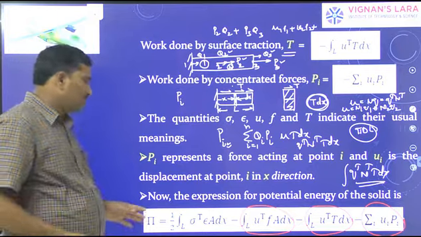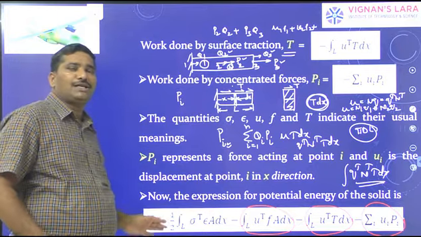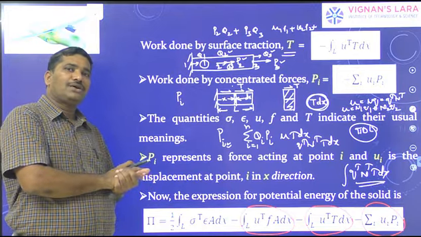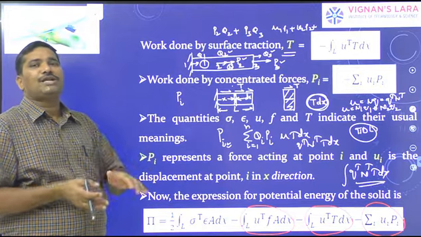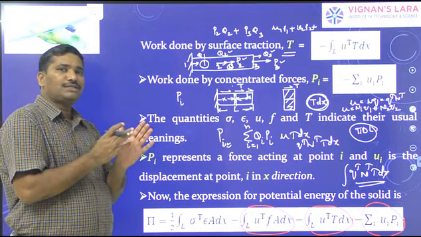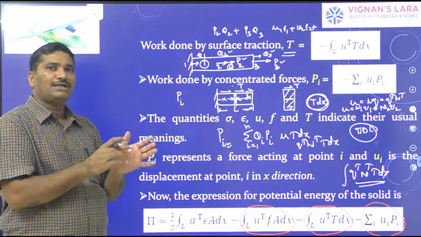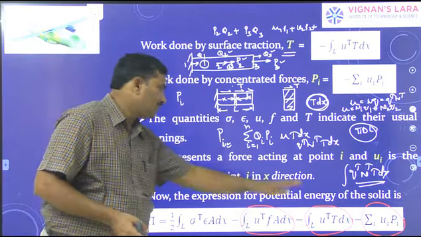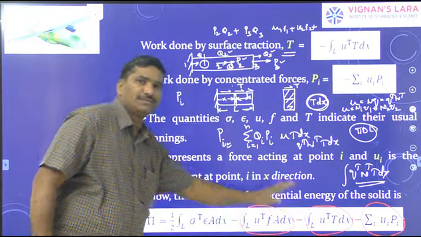Then we have determined the total potential energy, summing up the strain energy of the elastic solid and the work potential of the external forces. What are the external forces? Body force, traction, and concentrated forces. And ultimately, we have obtained an expression like this.